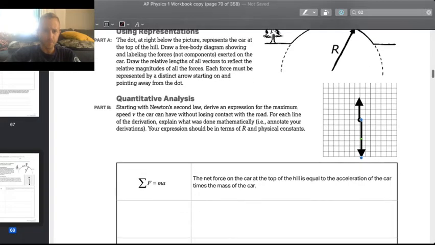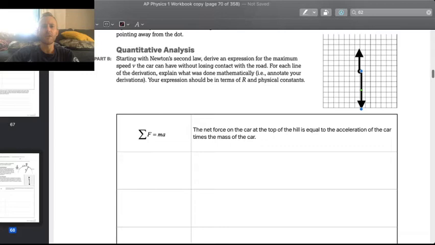Okay. Starting with Newton's second law, derive an expression for the maximum speed v the car can have without losing contact with the road. For each line of the derivation, explain what was done mathematically. Your expression should be in terms of r and physical constants.